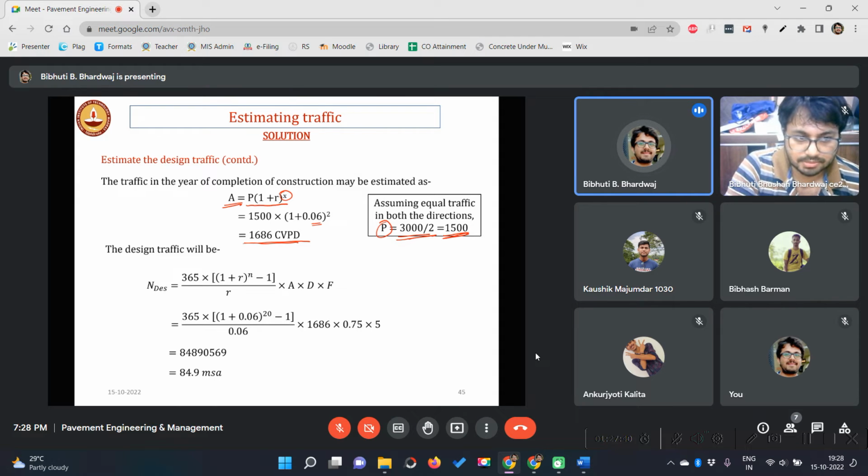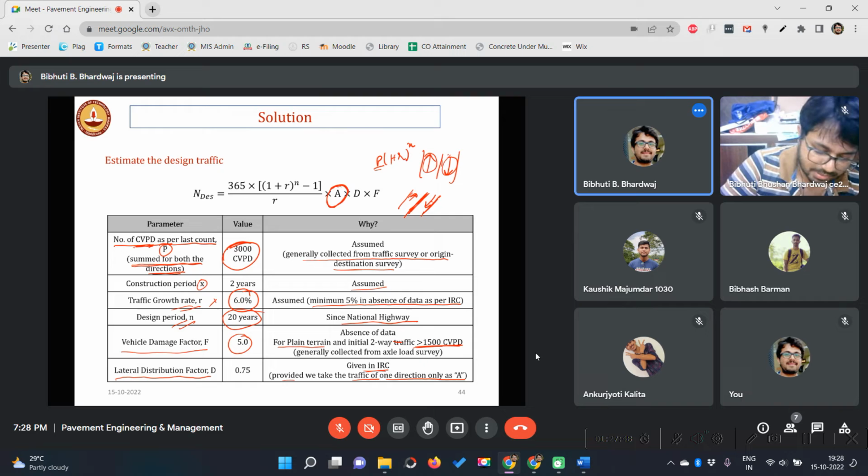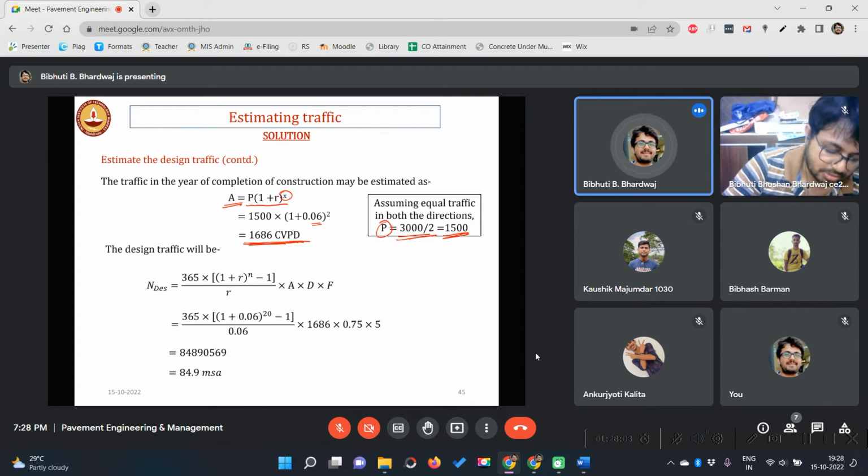So if you know this A, you already know D and F. You write down these values: N is 20, F is 5, D is 0.75, R is 0.06. Now find out what its value will be.